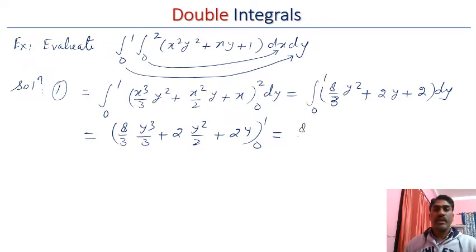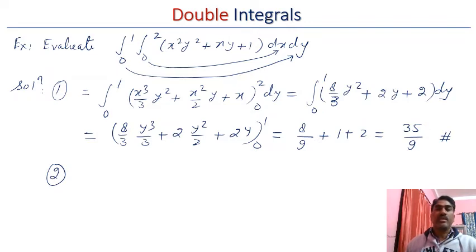So we get 8 by 9 plus 1 plus 2, that is 9 times 3 is 27, and that plus 8 is 35 by 9. So this is our answer.